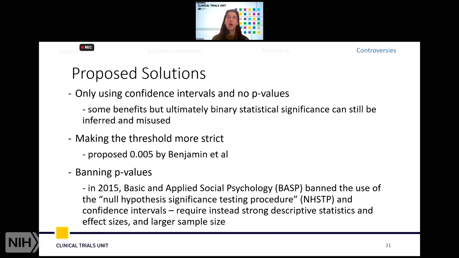Those things are hopefully more reliable because it's a larger sample rather than being skewed because it's a small sample. So they were just like, well, don't run tests. We're just going to talk about descriptives here, or as much as possible, talk about effect sizes and differences in that way. So that would obviously be the far end of the spectrum.